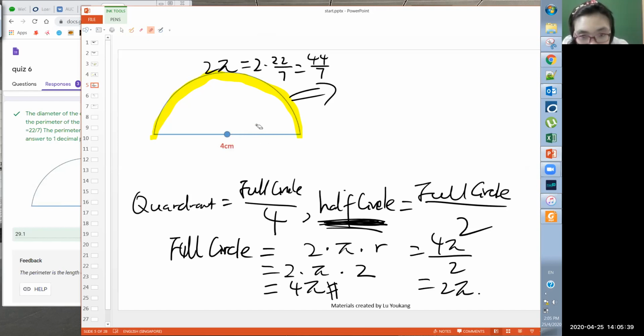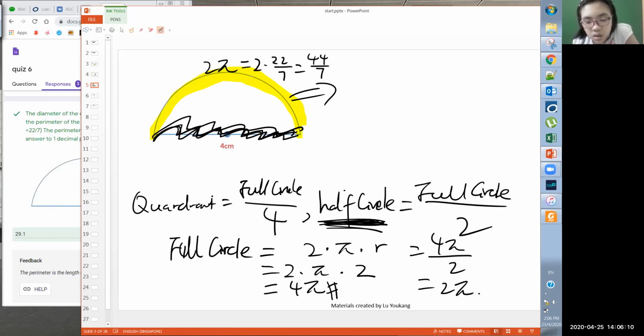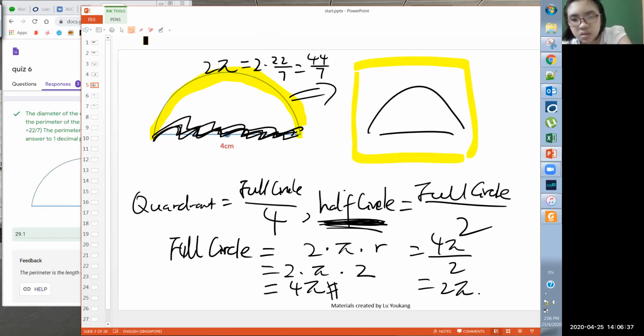Which one add with which one? The yellow curve and the line.